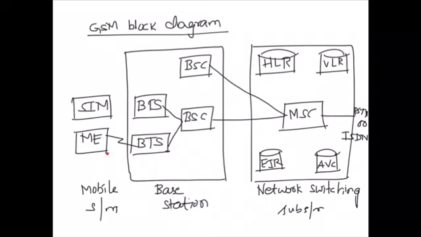There are a number of elements in the mobile station, but the two main elements are mobile phone and the SIM, or mobile equipment and the SIM. Here, the mobile equipment consists of display, case, battery and the electronics that is used to generate the signal as well as process the data received and to be transmitted.